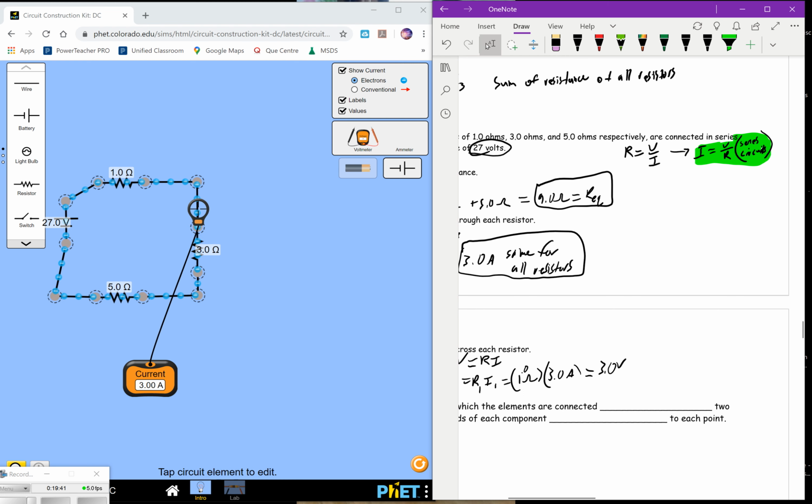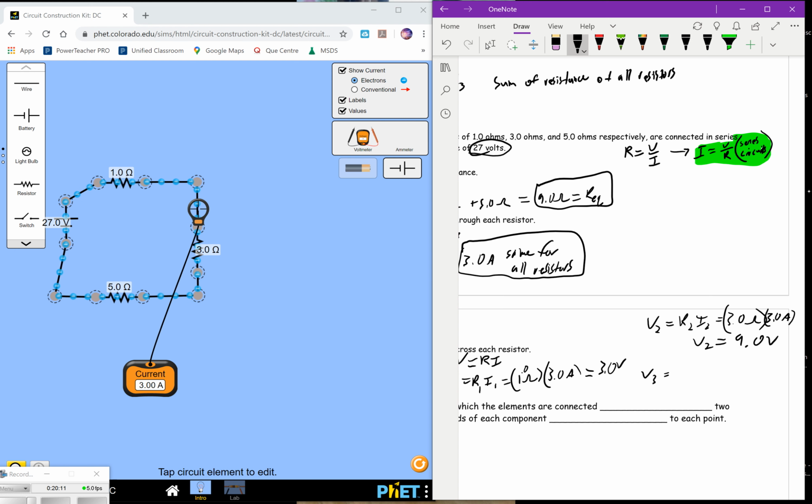I'm going to do the same here for V2, which is equal to R2 times I2, which is going to be 3 ohms times 3 amps, which gives us a voltage of 9 volts. This would be V2.